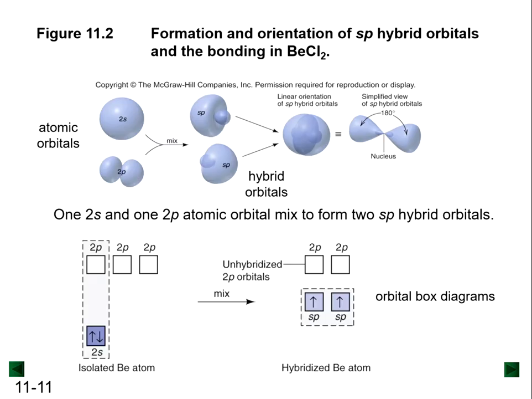So the sp is a little higher in energy than the s, but a little lower in energy than the p. And these each have one electron in them. Now, we'll see later on, they don't have to follow the Aufbau principle because they're involved in bonding, so they become a little more complex. The 2p orbitals that are not hybridized remain at the same energy. They're at the top, and in this case, they're empty.